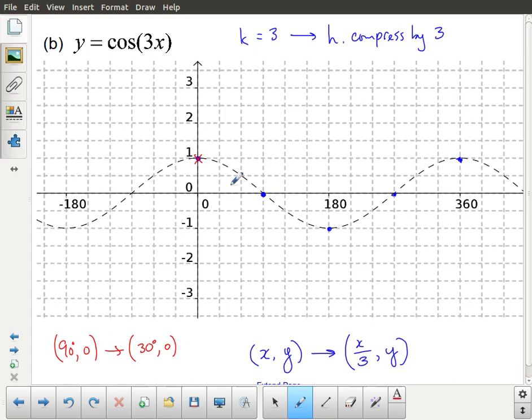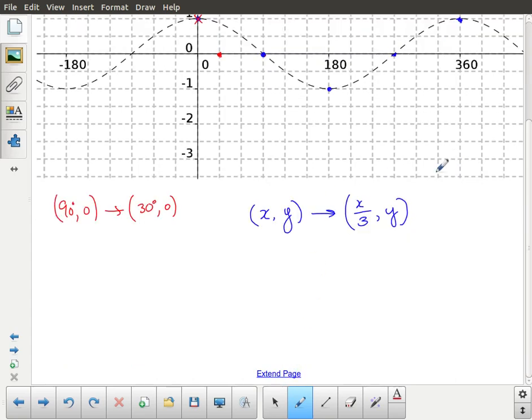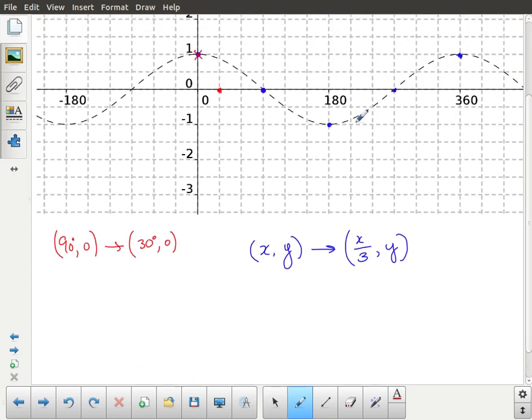This would be 30 degrees, so this point has shifted to here. The next point is here at 180 degrees, 0. Divide that by 3, and that becomes 60 degrees, 0. So you can see this point transformation still very useful. So 180 degrees now is 60 degrees.